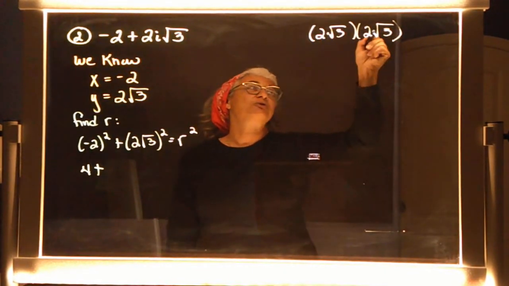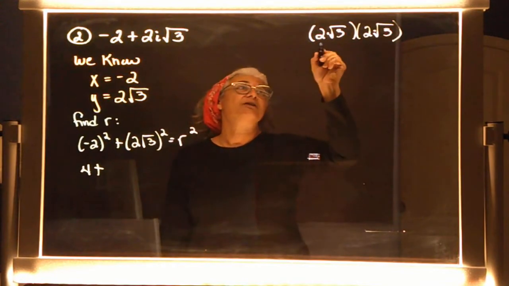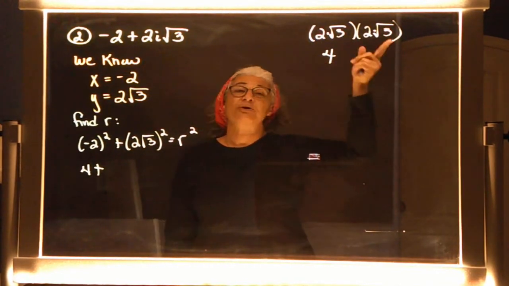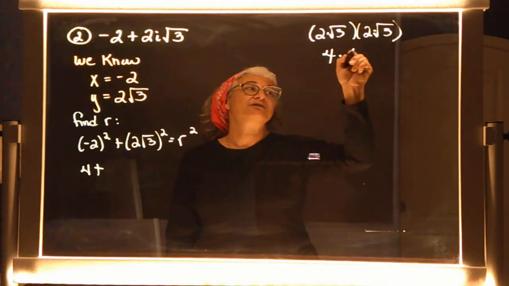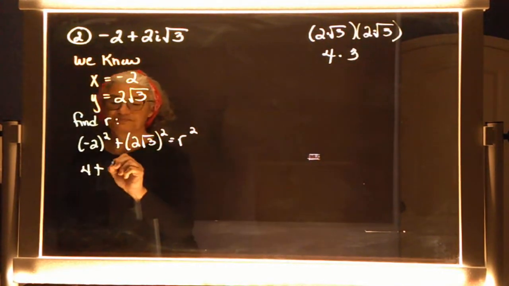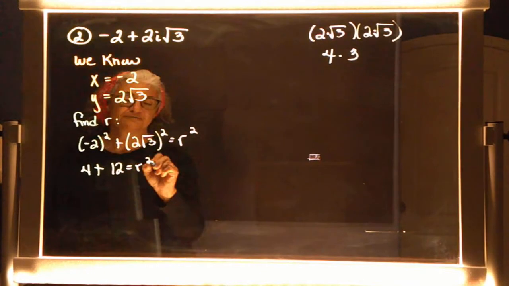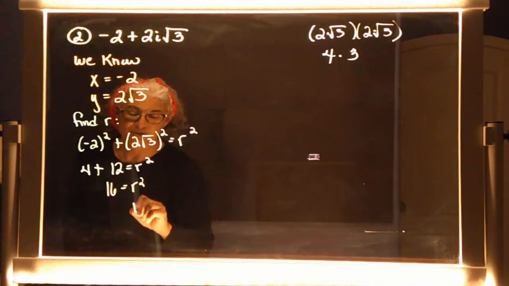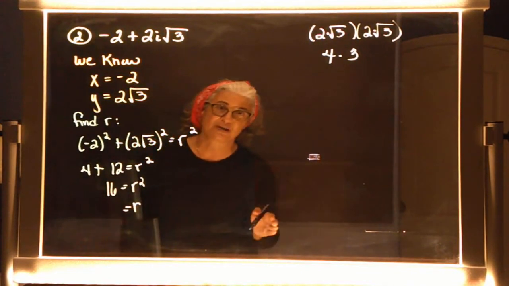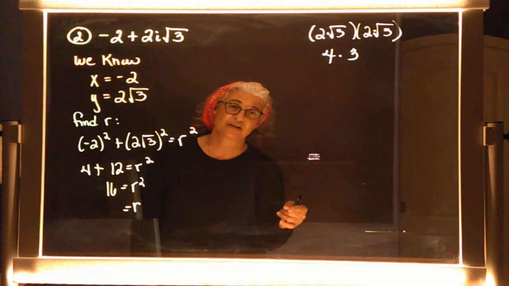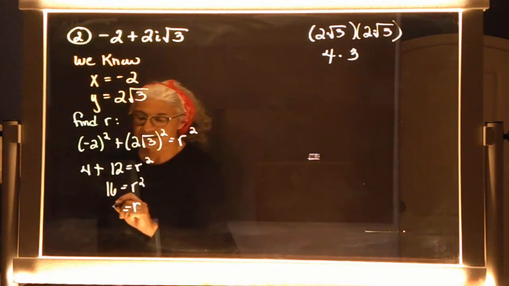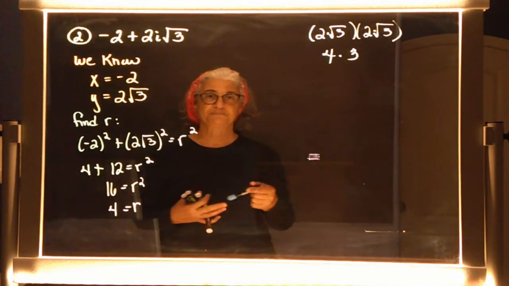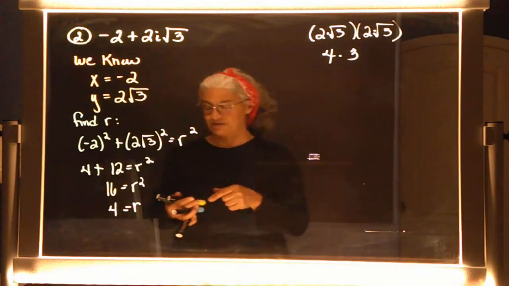This is just multiplication, so I'm not distributing. So I'm just going to do 2 times 2, and square root of 3 times square root of 3, which is, good. So that's going to be 12. Which means I get 16 as r squared, which means r, yes, is 2 answers, but r is always, excellent, positive, which means my answer is a positive 4. Cool?